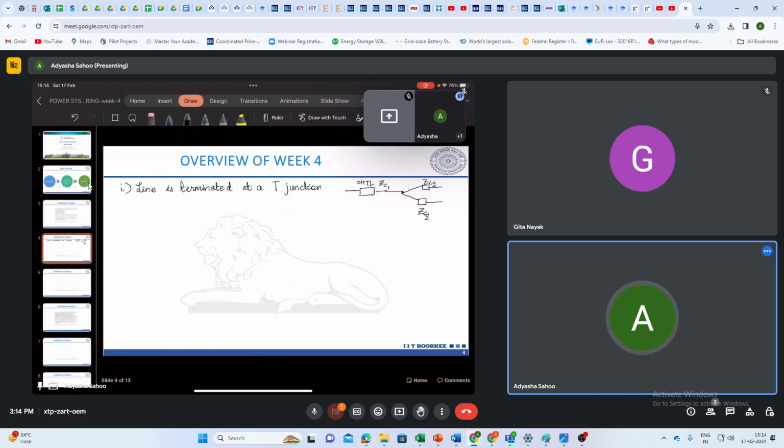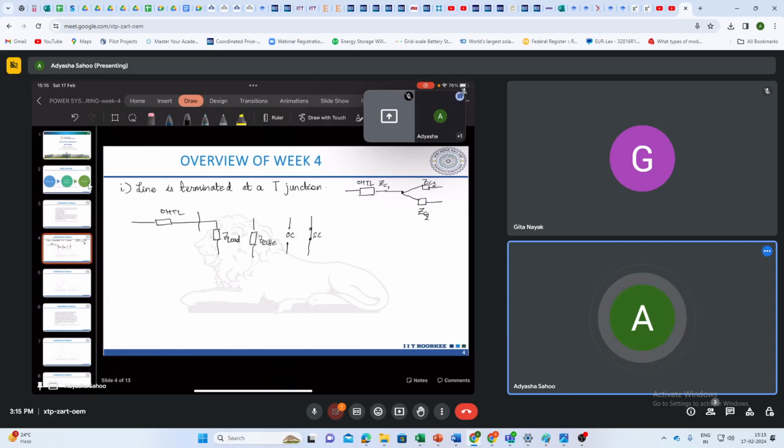So in the earlier weeks, we had seen a single line basically. Previously we had seen that there was one transmission line, OHTL, which was terminated by either one Z load with a certain impedance, or a cable, or simply an open circuited line, or simply a short circuited line.